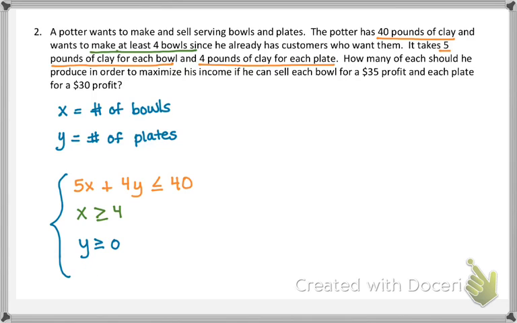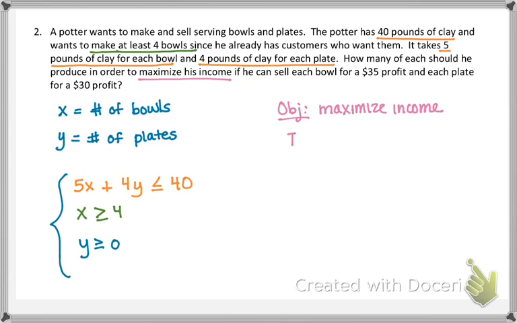And let's look at our objective. Our goal here is again to maximize income. We have to come up with a rule, a function, to help us calculate how much income he's going to take in.